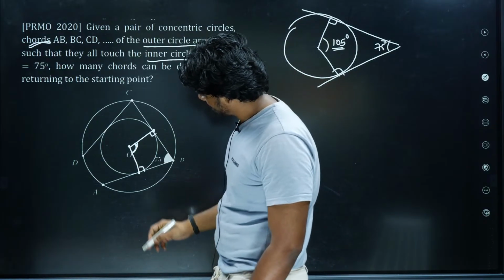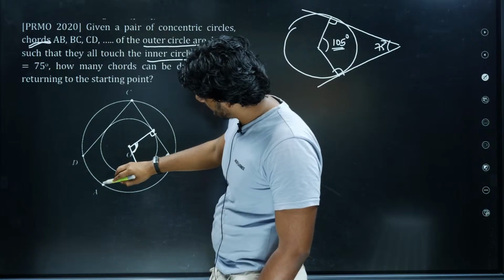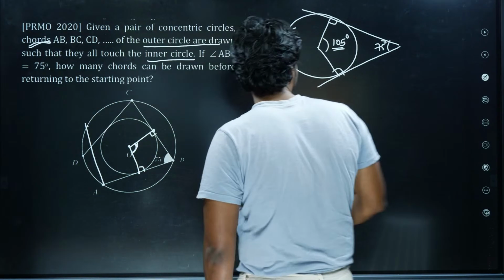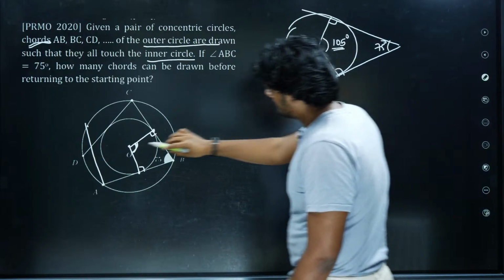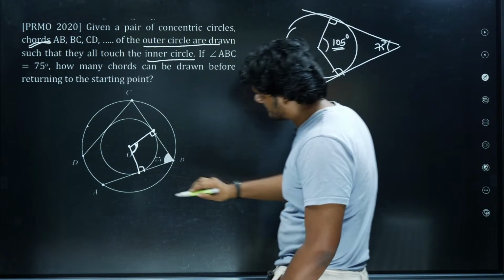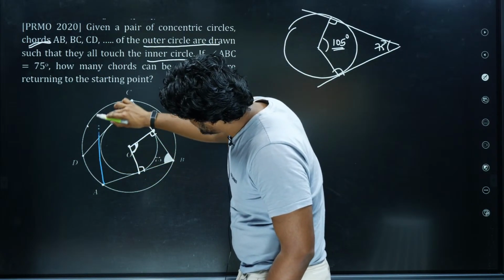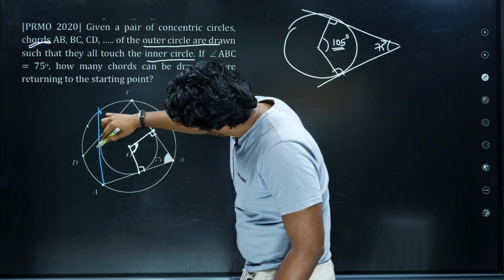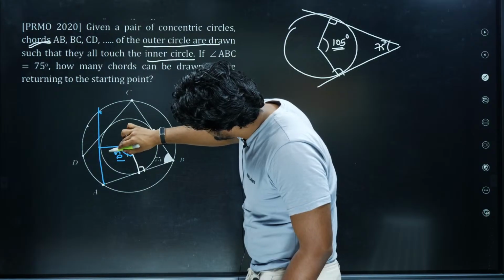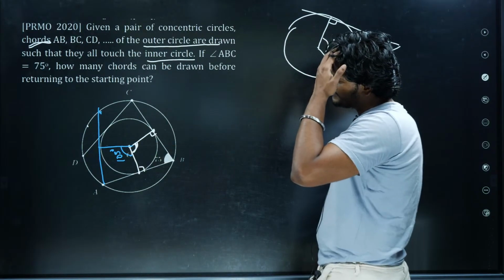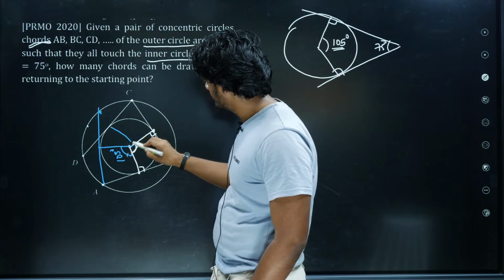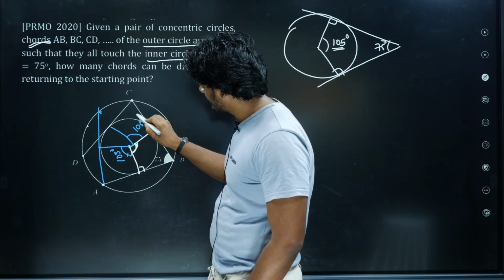And suppose we have a chord, the final chord, wherever that is. So this chord, the final chord, let that be in blue color. If the final chord is like this, then that would be making exactly 105 degrees here. That means whatever the number of chords which are adding up, this should be 105 degrees.